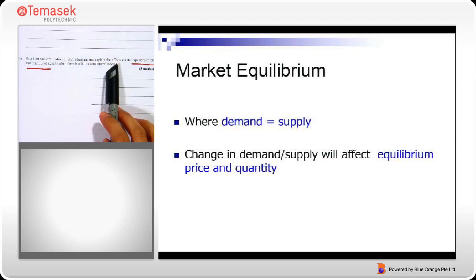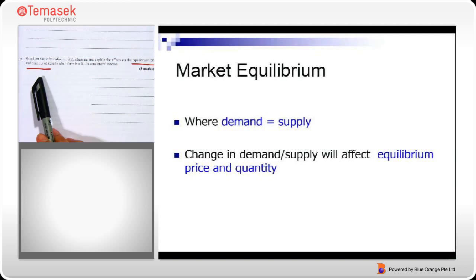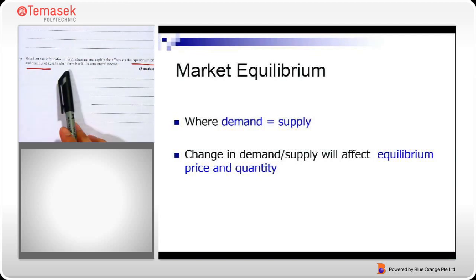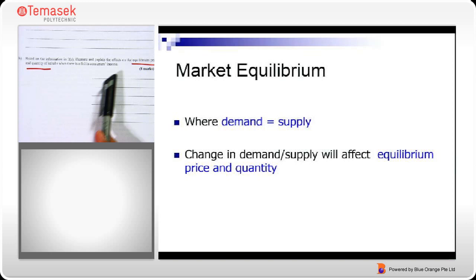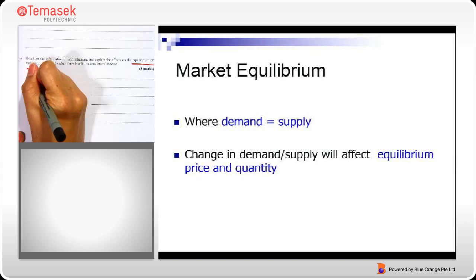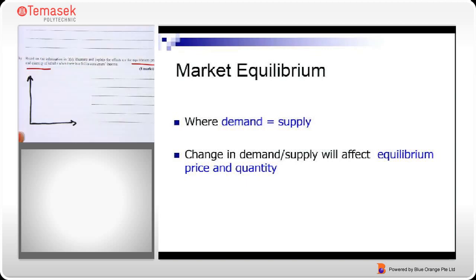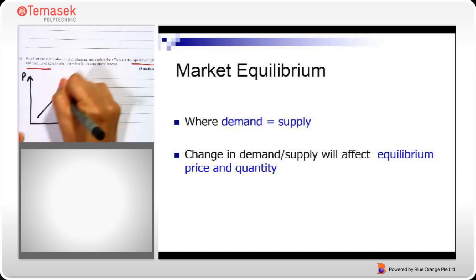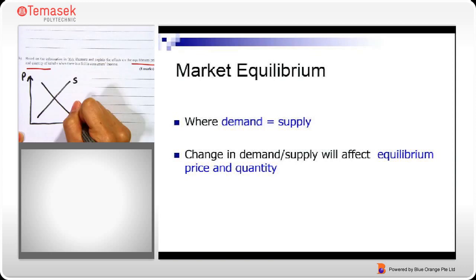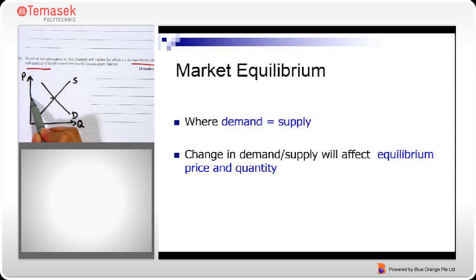So illustrate and explain the effects on equilibrium price and quantity of kebabs when there is a fall in consumers' income. So in answering this question, since it says illustrate, you will need to draw the diagram. So in all diagrams, make sure you label the axis, the graphs, and you have to put in the equilibrium point.